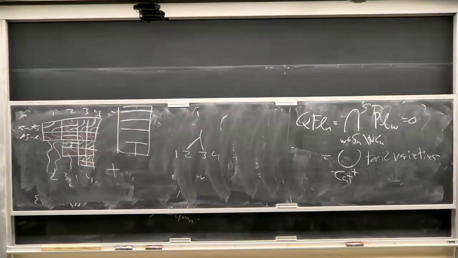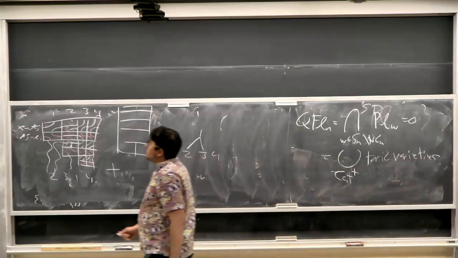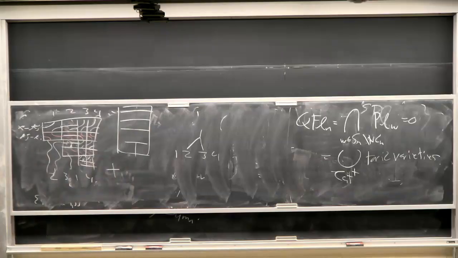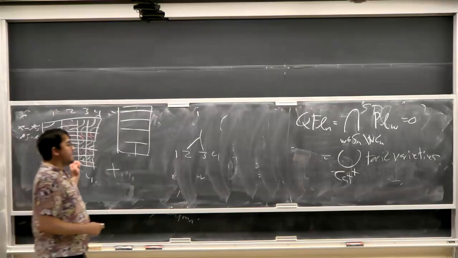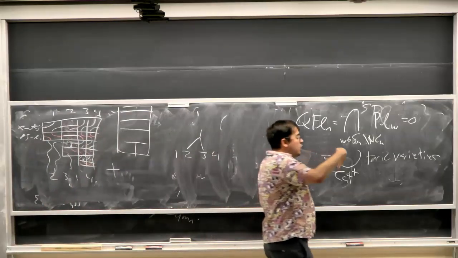What about K-theory? Yes, K-theory works as well. So there's an equivariant analog. But basically we have K-theoretic versions of these polynomials that are dual to the open cells.